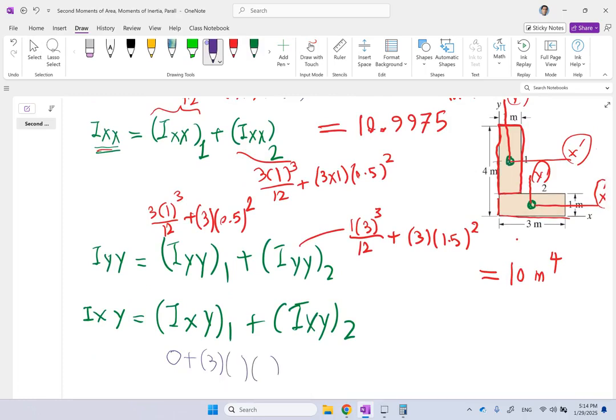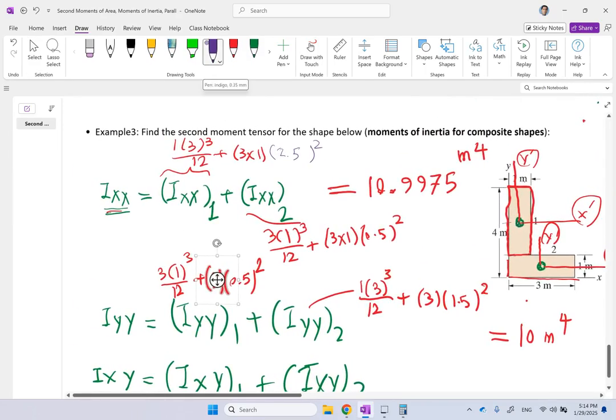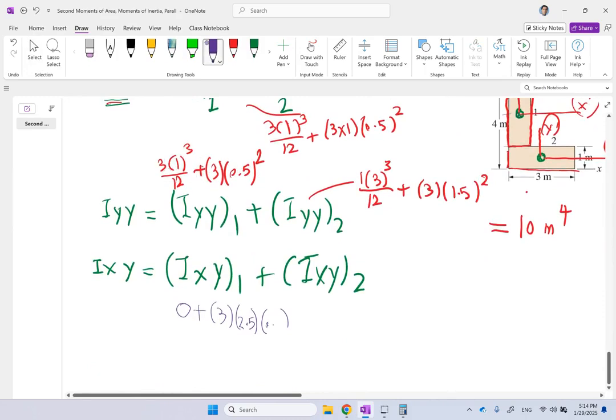What are dx and dy? Here, the distance from x prime to x, which was 2.5, and then from y prime to y, which was just 0.5. So that is for shape 1.